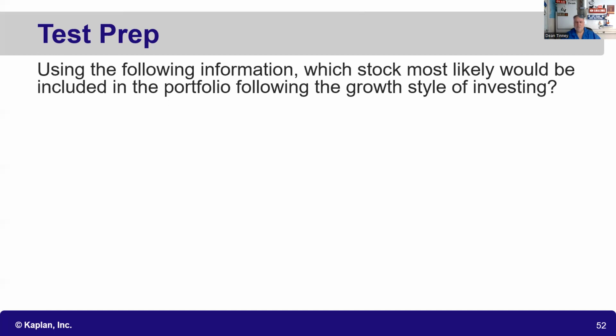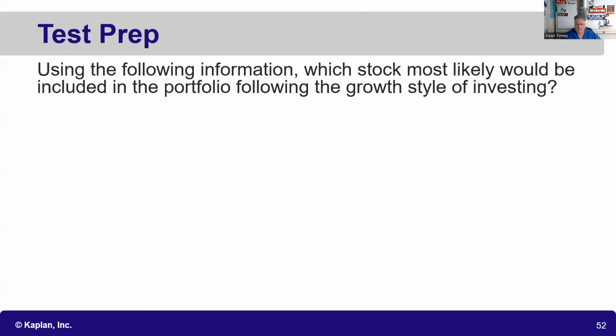Which stock would most likely be included in a portfolio following the growth style of investing? If I'm following the growth style of investing, I expect little or no dividend payout ratio. I expect a lower yield. The only two ways I make money in investment are income stream and or price appreciation. So here I would think little income stream.